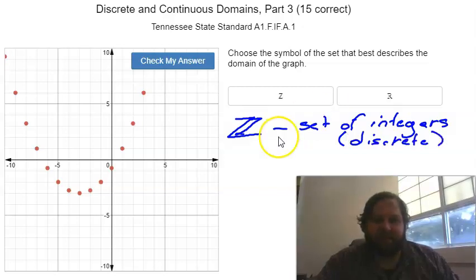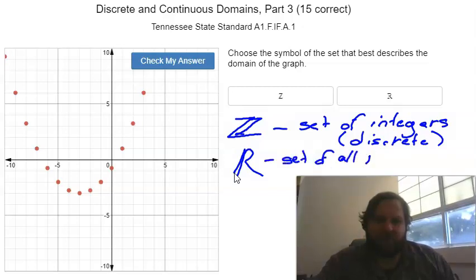And then this symbol on the other one is a double struck R, so something that looks like that, and that is for the set of all real numbers. And you'll remember if it has a domain of all real numbers, that we would say that is a continuous domain.